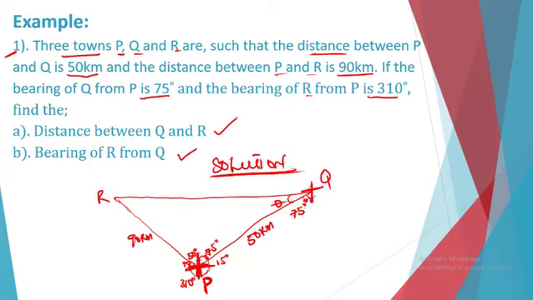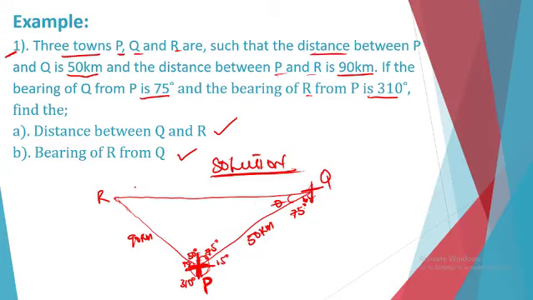Let's call this side small letter b. Let us start. From this triangle we can draw something more beautiful. We'll now use this angle here: 50 plus 75 gives us 125.